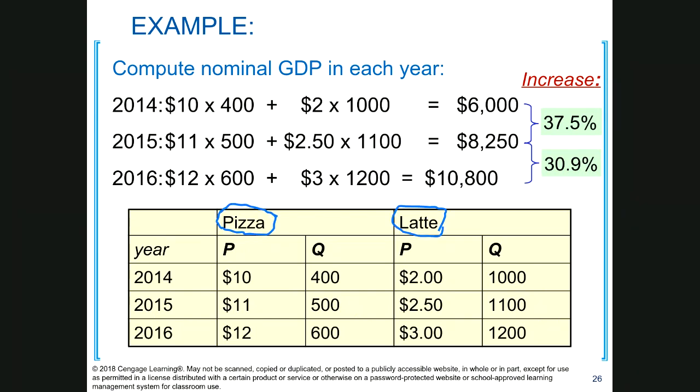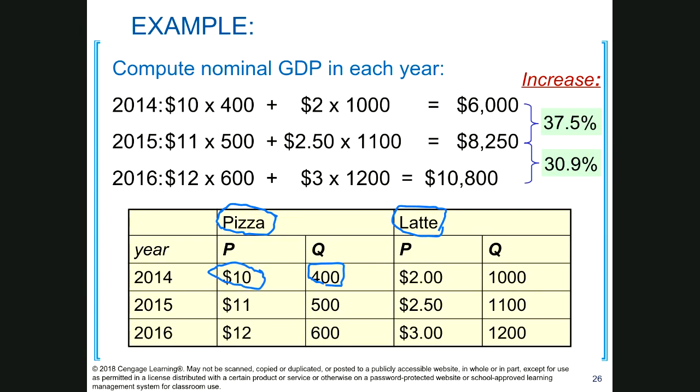And we know in 3 consecutive years, 2014, 15, and 16, in each year we know what the price of these items were and how many we made. Then we're going to calculate the GDP. Remember, total market value of all final goods produced in our society. If we have the quantity and the price, then we can easily calculate.